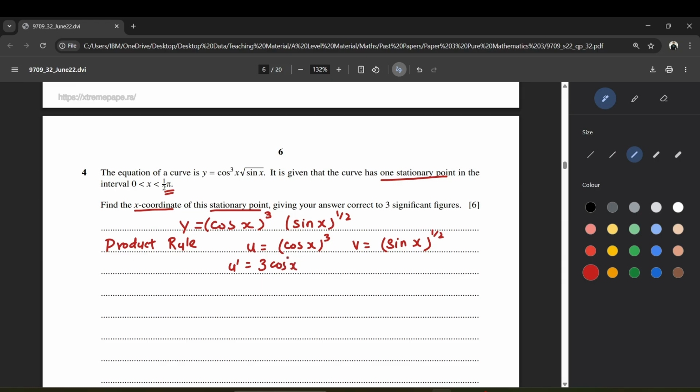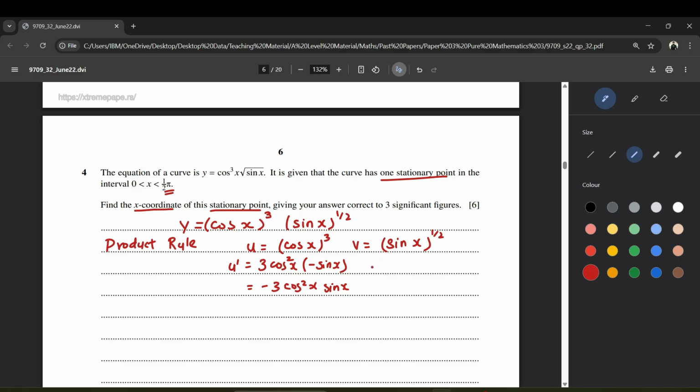This becomes 2. Multiply by the derivative of what's inside the function. So this is the chain rule, right? You have a function inside another function. So this becomes minus 3 cos squared x sine x.